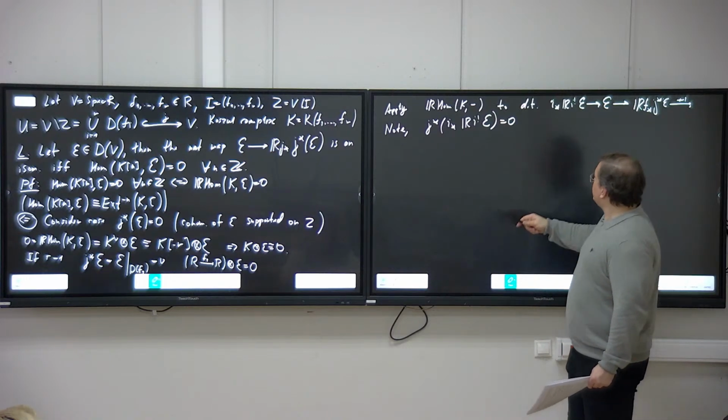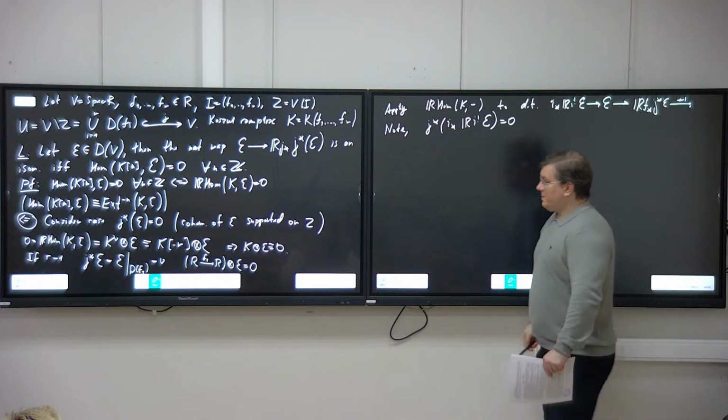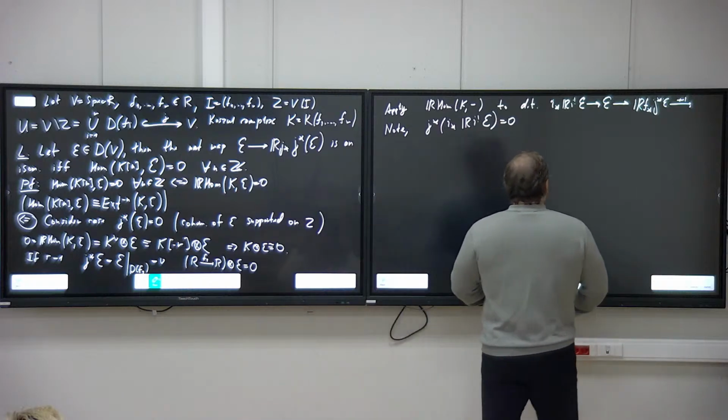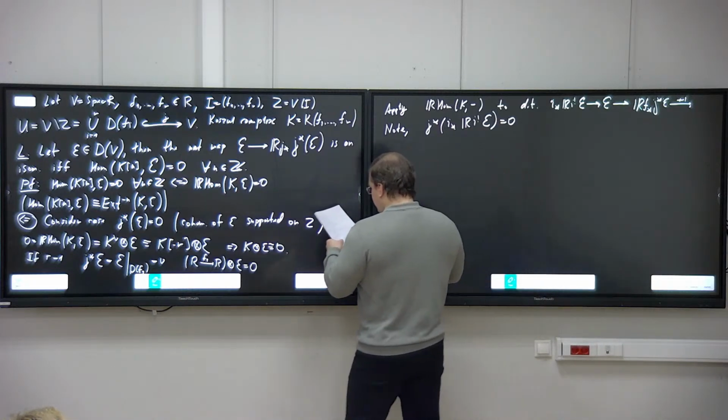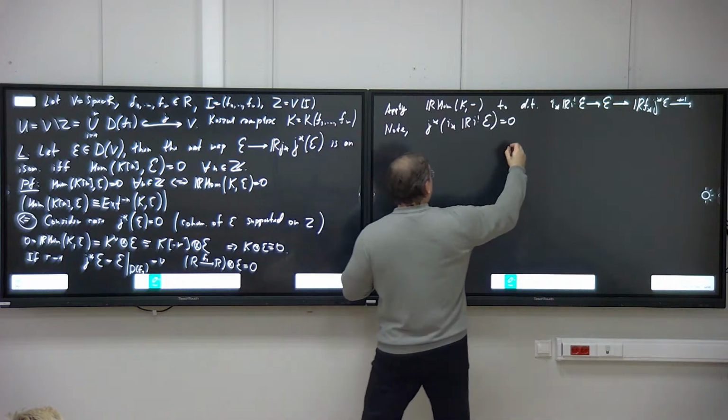So this means that this object in this distinguished triangle is the object for which we know this property. So this is the first thing that we can note.